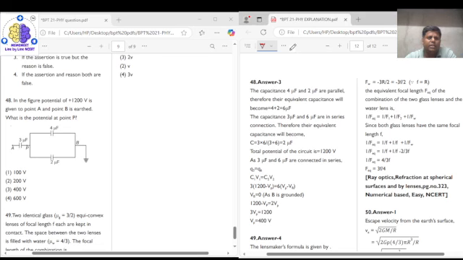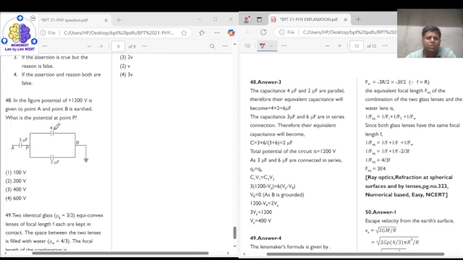Question number 48 says that in the figure, potential of plus 1200 volt is given at point A and point B is Earth. What is the potential at point P? Alright.